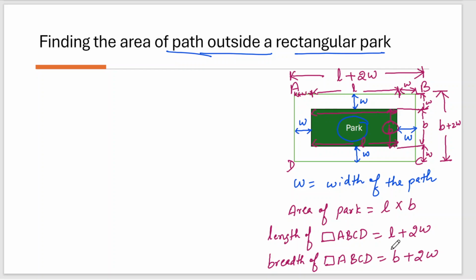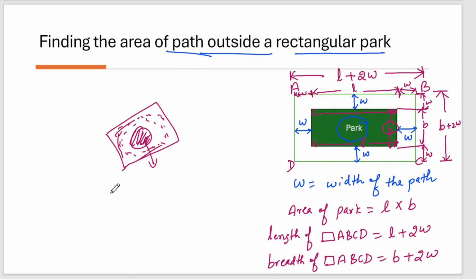Okay. Now let me ask you a concept. Suppose I have a rectangle and my park is circular. Or suppose I have a pond inside this park and I want to find the area of the park apart from this pond. So what are we going to do? You are going to find the area of this rectangle and subtract the area of the pond to get the area of this surface.